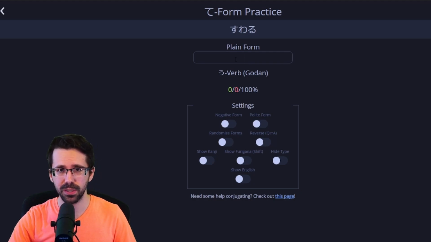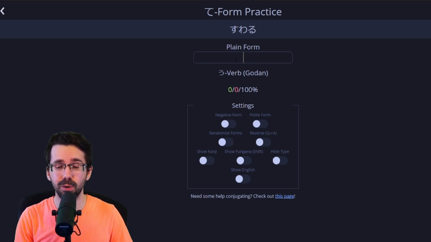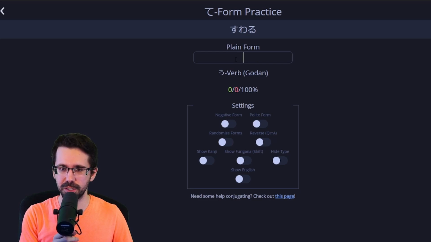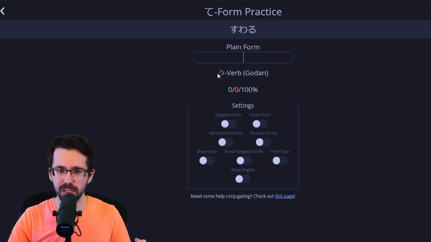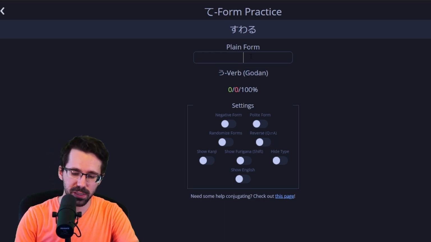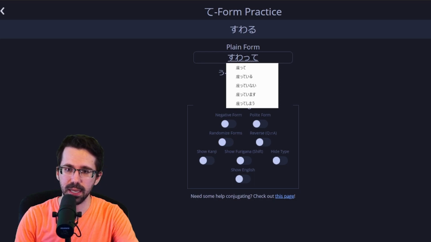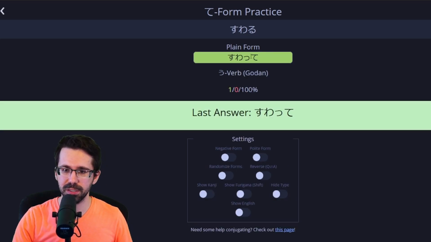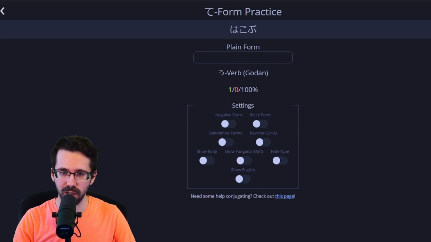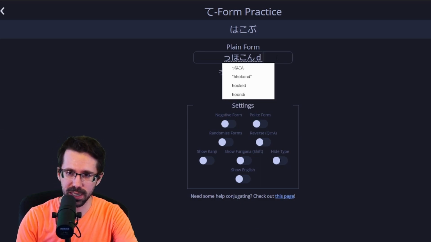Maybe you know what this word means, maybe you don't, but regardless, you should be able to know how to change it into te form. Here we see that the word suwaru that it gave us is an u verb, which is godan. So that means our te form is suwatte with a small tsu. We can press enter. It'll tell us that we got it right. And we can press enter and it gives us another word. Hakobu becomes hakonde.